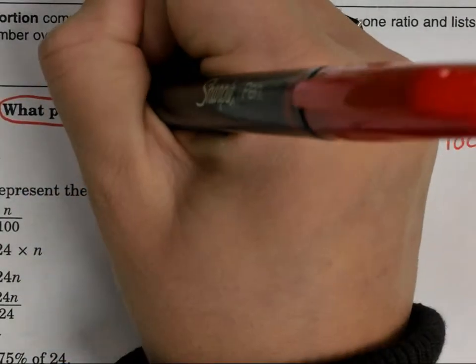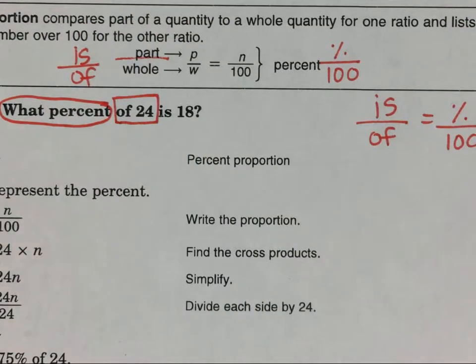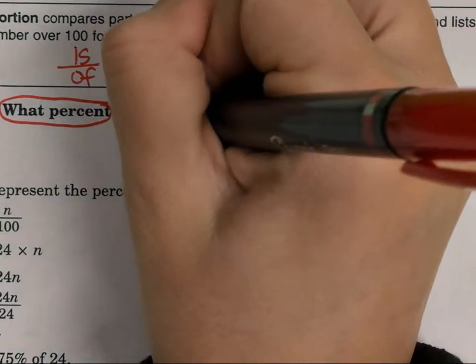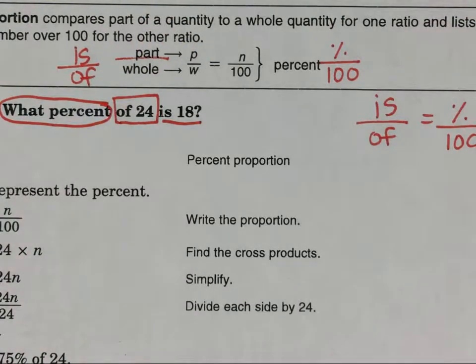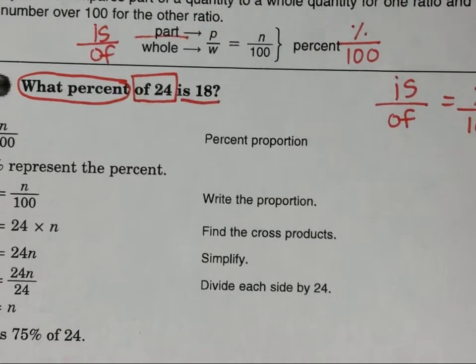I want you to put a box around of 24. And then I want you to underline is 18. So circle your percent, box the of number, and then underline the is number. Then I'm going to use that information to plug into my proportion.